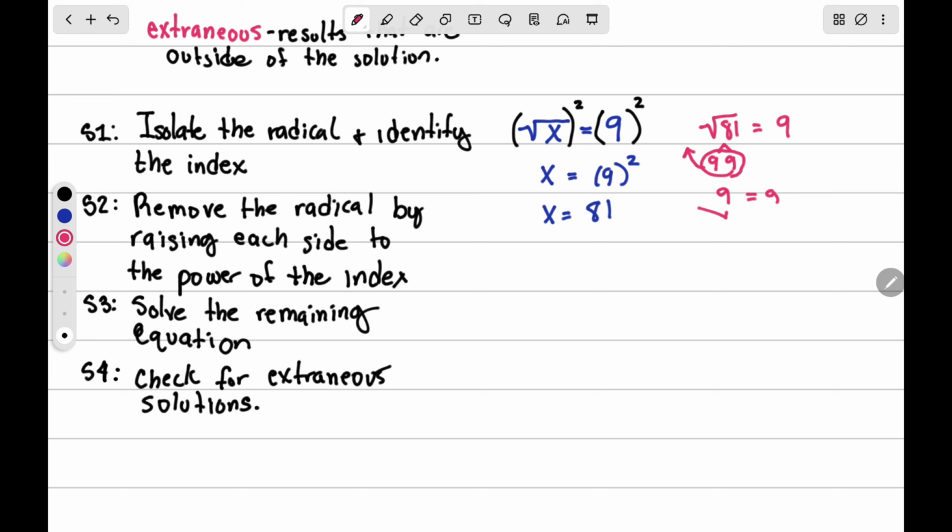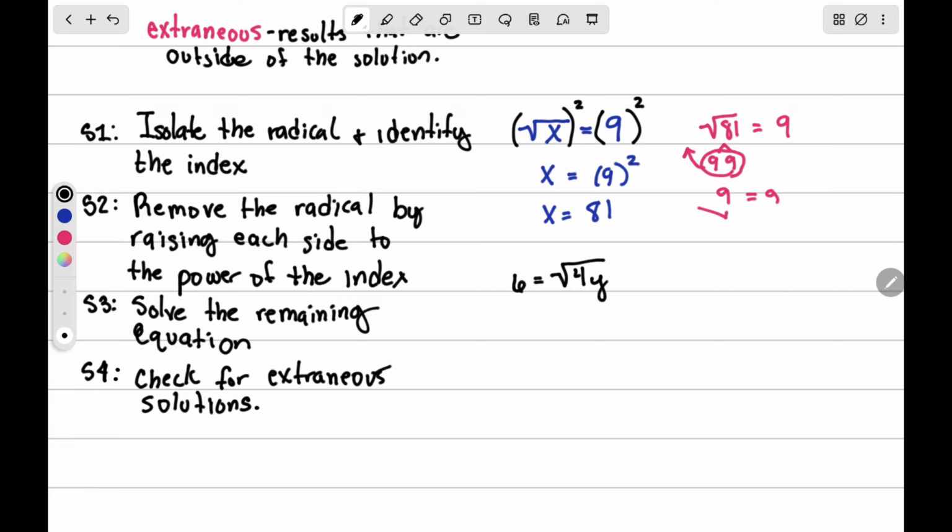All right. Take a couple of these to get the feel for it. Let's see. We have 6 is equal to the square root of 4y. All right. It says isolate the radical. Well, the radical is already on the side by itself.